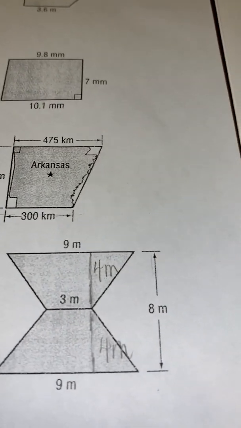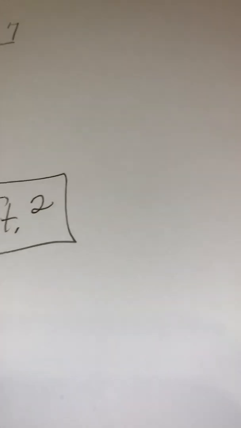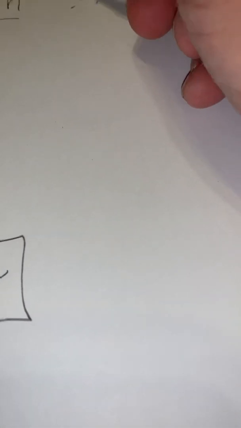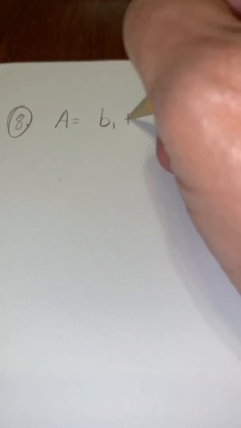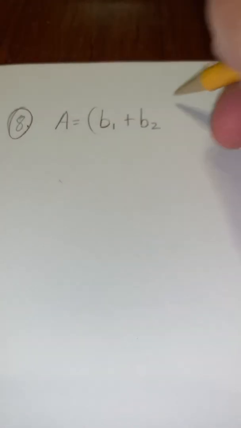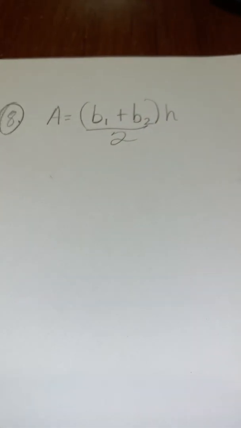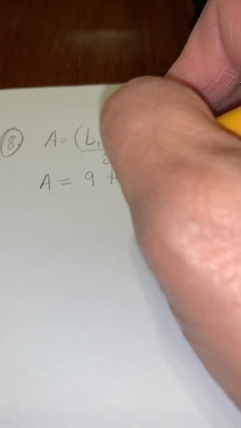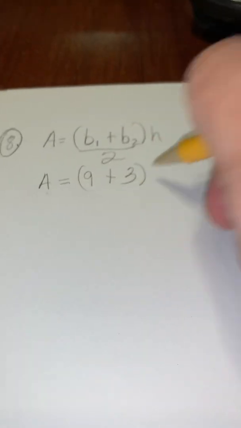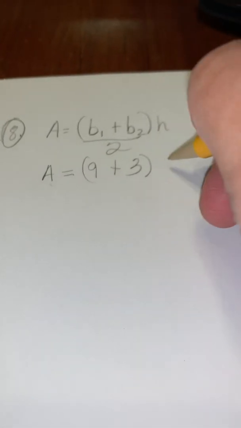Okay, so I'm going to go over here and write my formula. And so I've got area equals base 1 plus base 2 divided by 2 times the height. I'm going to do it that way. So base 1 was 9, base 2 was 3, and the height was 4.